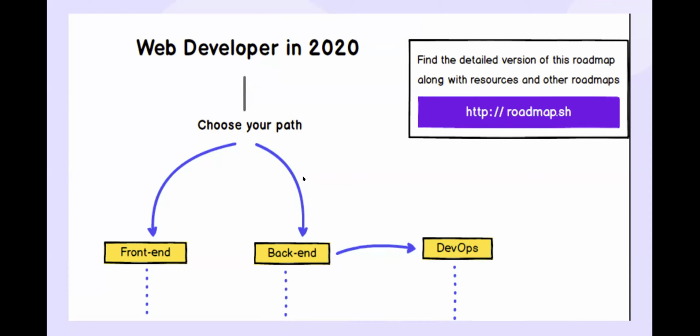We have the front end developers, the back end developers, and the DevOps. I'm going to take them one by one and explain them to you. At the end of the day, you will decide which part you like, then you take it.